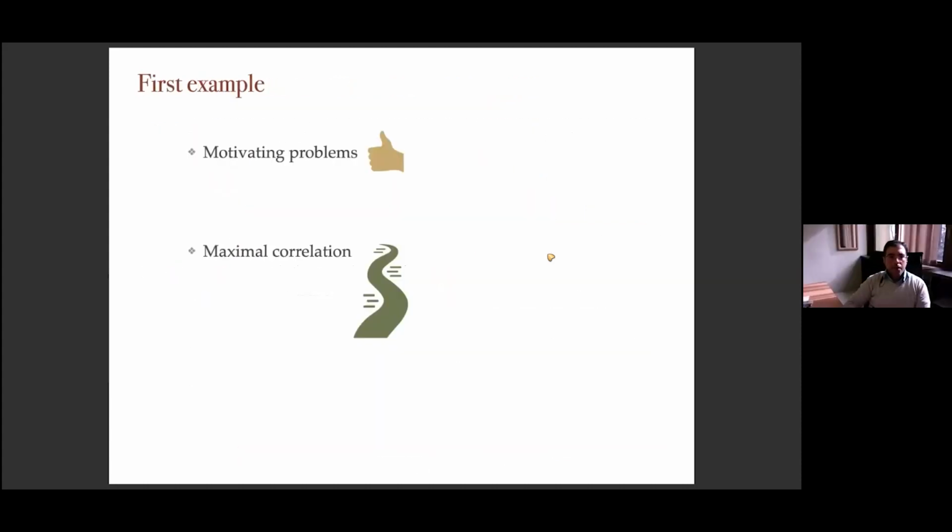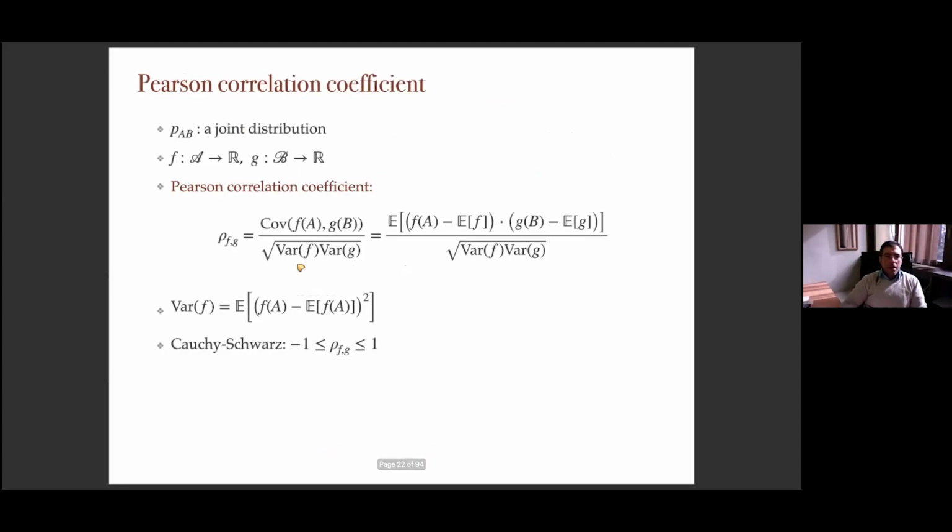Okay. So I gave you these motivating problems, and now I'm going to give you the first measure of correlation with the tensorization property, which is called maximal correlation. To give you the definition of maximal correlation, I start with something called the Pearson correlation coefficient.